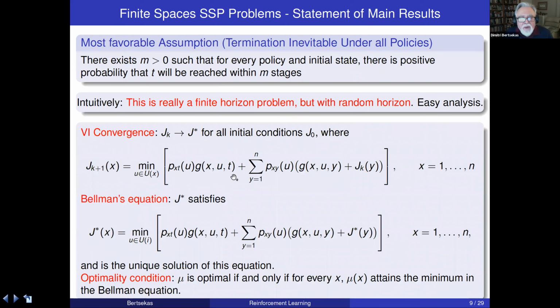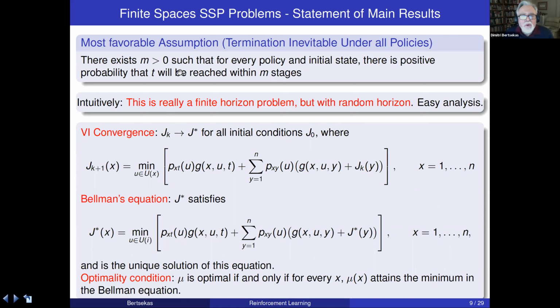And note now that the value iteration involves the additional expected cost of reaching the termination state from X under control U. Bellman's equation similarly involves that cost, and J star solves this equation and is the unique solution of this equation, and the optimality condition is that mu is optimal if and only if mu attains the minimum in this expression.